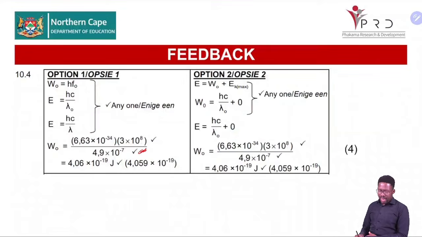We know that at maximum wavelength, our EK max is 0, and our work function is hc over maximum wavelength. So work function can be 6,63 times 10 to the power negative 34, multiplied by the speed of light, which is 3 times 10 to the power 8, divided by maximum wavelength. Maximum wavelength is the minimum frequency, is the minimum energy. Then you'll get your answer, which is 4,06 times 10 to the power negative 19 joules.